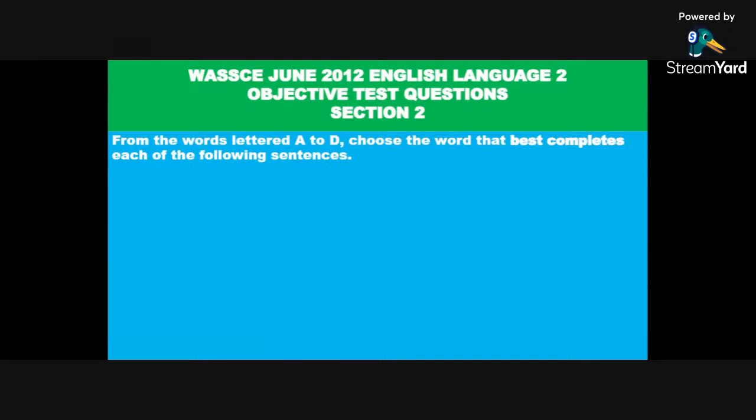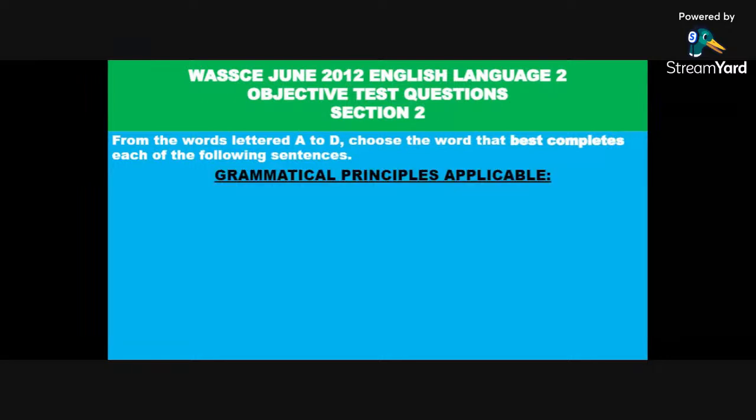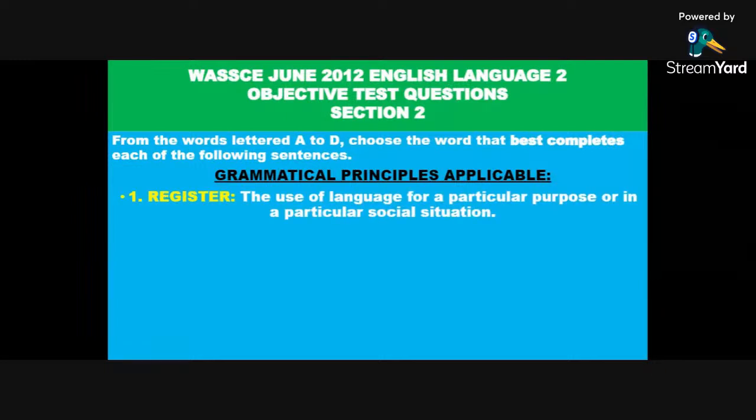From the words lettered A to D, choose the word that best completes each of the following sentences. There are certain grammatical principles that you need to learn in order to answer questions correctly in this section of the exam.